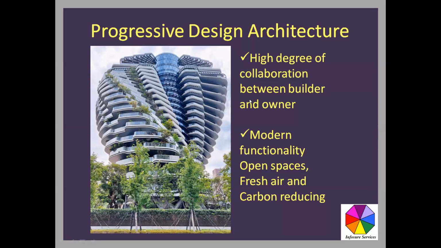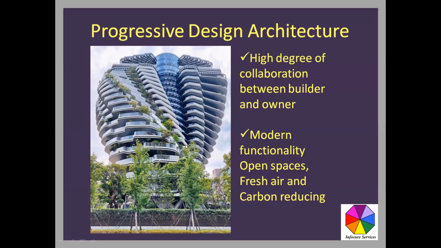Progressive design here, to understand the concept, means a high degree of collaboration between the builder and the owner. It has modern functionality, more open spaces, fresh air, and carbon reducing. You see there are plants and trees all over the building. It's a green building, carbon reducing and so a more efficient building.